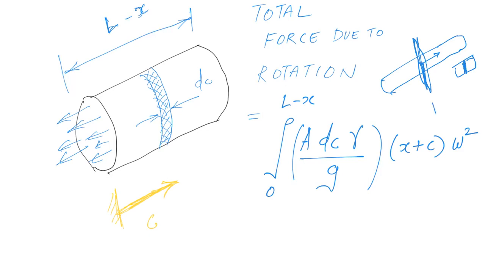So till here it is x, and till this is the little c. Okay, so this is the axis. So that's why radius is x plus c. Then omega square. Omega is constant for the rigid body, so that makes sense.